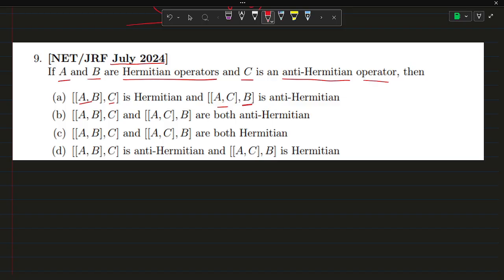So we have to find whether this part and this part are Hermitian or anti-Hermitian. So let's solve it.